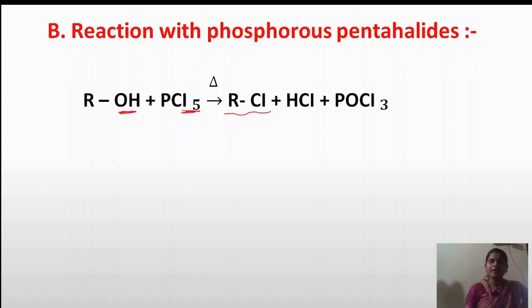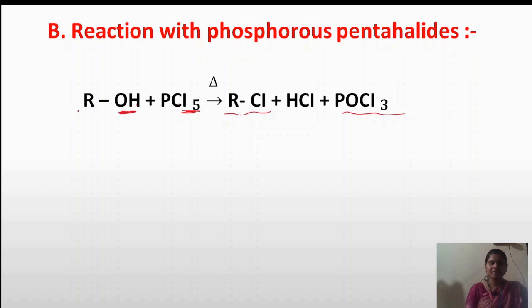Now the remaining H reacts with one of the remaining chlorines and formation of HCl takes place, and oxygen, phosphorus and the remaining chlorine react to form POCl3. So the formation of POCl3 takes place here. So the general reaction is like that.